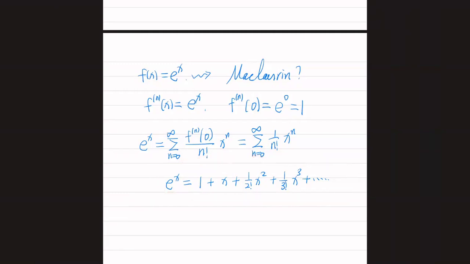Okay, in the particular case, when x equals 1, what do we have? So e is 1 plus 1 plus 1 over 2 factorial, 3 factorial, 4 factorial.